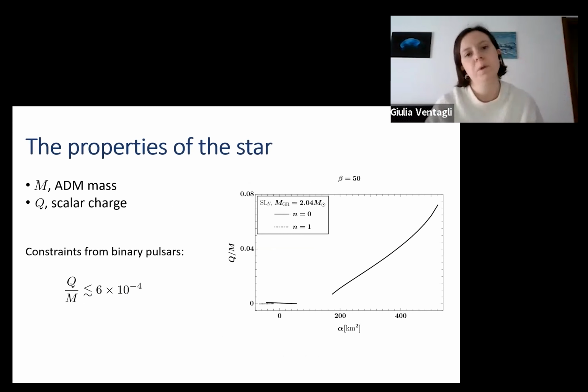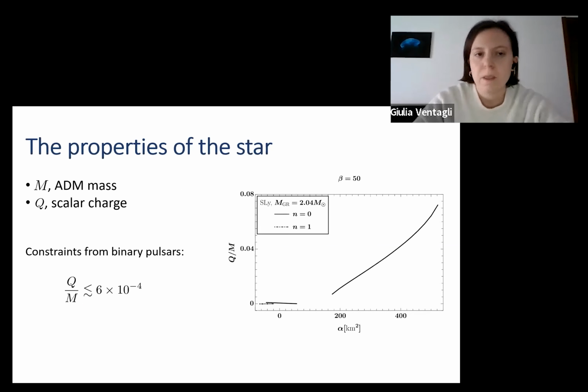The second part of our paper focused on the study of the properties of the star, and in particular on the ADM mass and the scalar charge. Here I'm simply showing one plot to give you an idea of what we did. I'm showing the ratio between the two because, thanks to observations from binary pulsars, we can constrain this in this formalism.